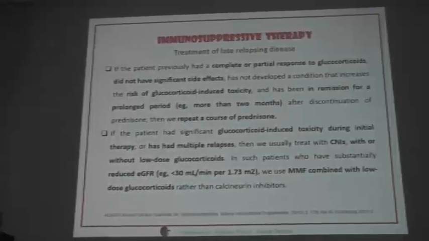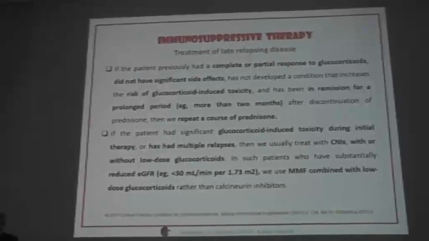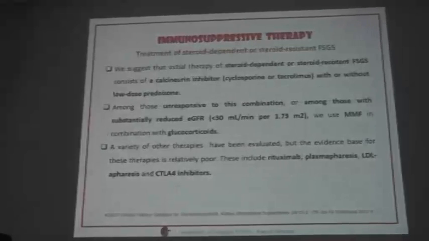If the patient had significant glucocorticoid side effects, it's better to start with another medication, for example a CNI, with or without low dose steroid, provided, as I mentioned earlier, the GFR is more than 30 milliliter per minute.